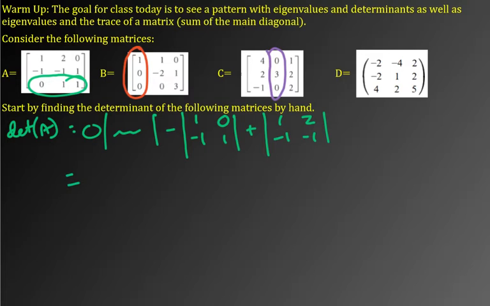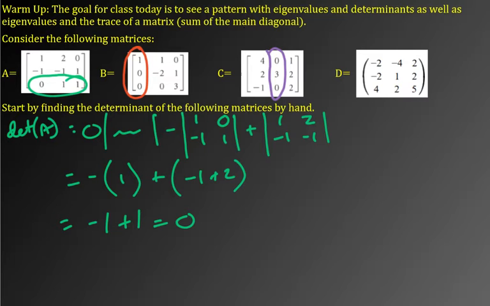So this would be negative 1 minus 0, and then plus negative 1 minus a negative 2, so plus 2, which is 0. You should go through and be able to do all those.